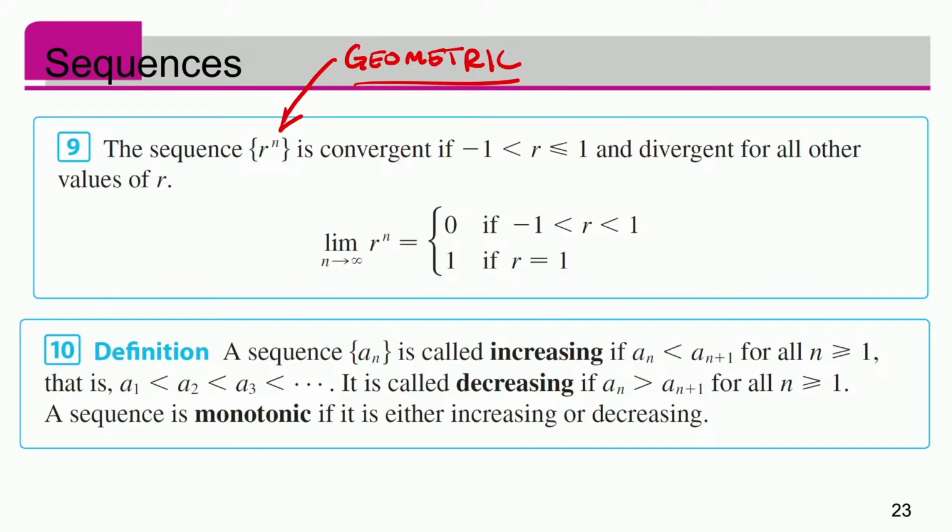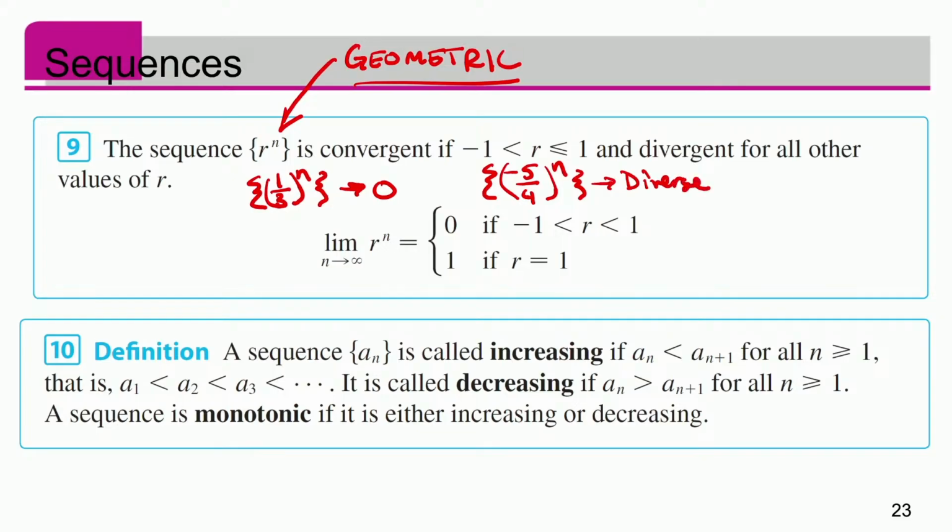So just as an example, the sequence (1/3) to the nth power will converge to 0. If, on the other hand, I have (-5/4) to the nth power, since 5/4 is bigger than 1, that will diverge.